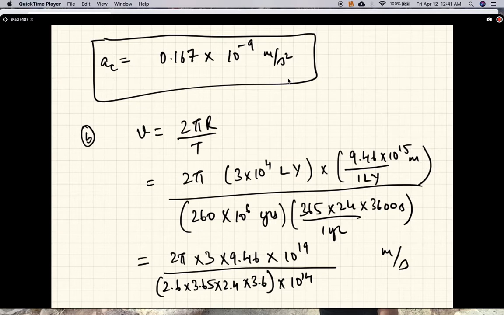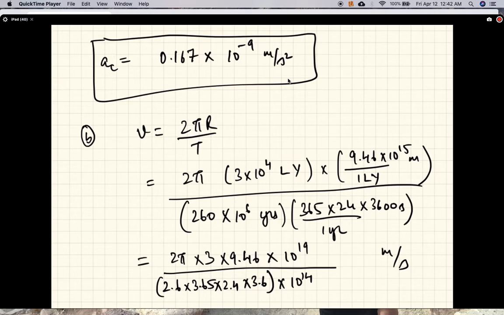Let me calculate this number on a calculator. 2 times pi times 3 times 9.46, divided by 2.6 times 3.65 times 2.4 times 3.6.